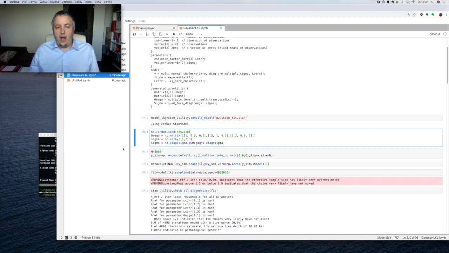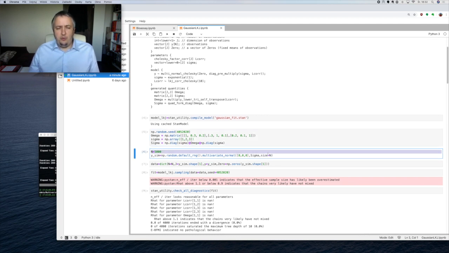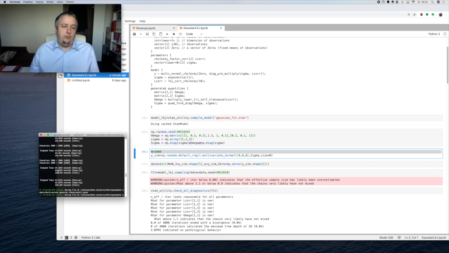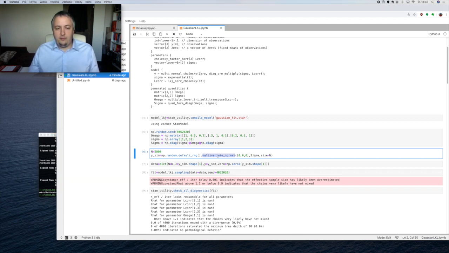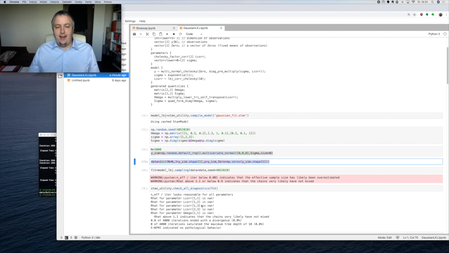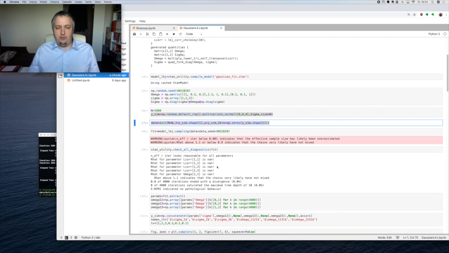And our covariance matrix is given by this product here. So we generate 5,000 samples, and this takes some time to fit, so I won't be showing it live, but I wanted to show you how it can get nice with a lot of samples, how the estimate can get more precise. So we generate those samples, we generate our vector of data for Stan, and we perform a sampling of our model.